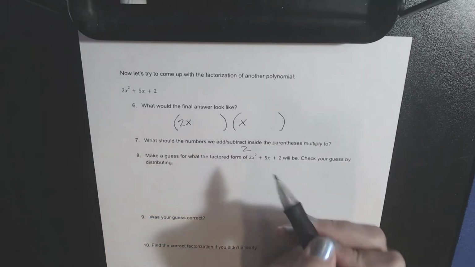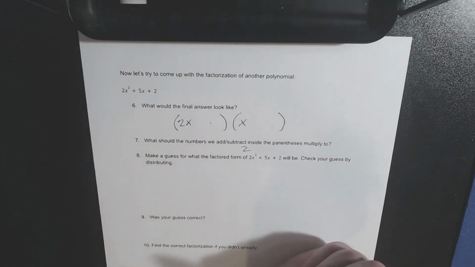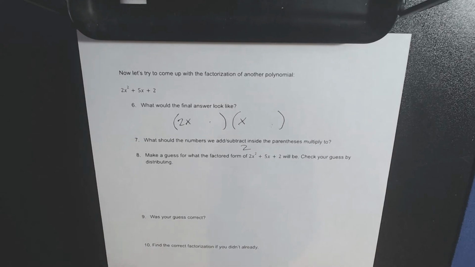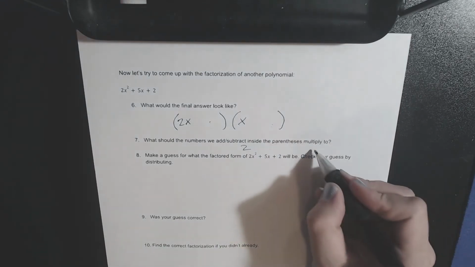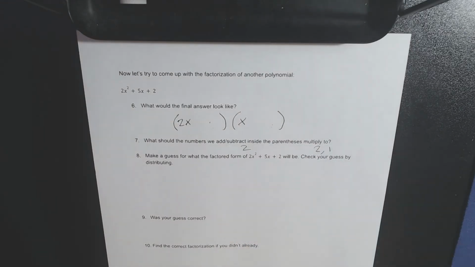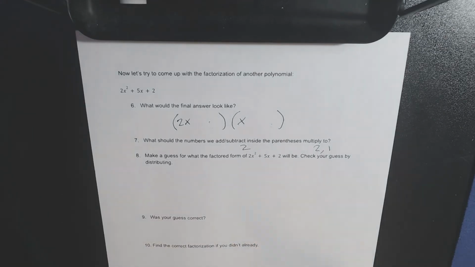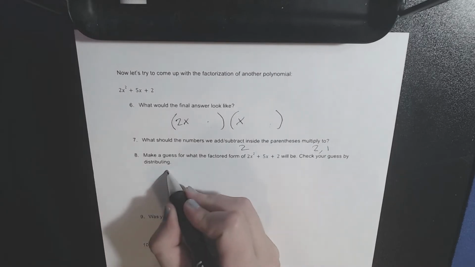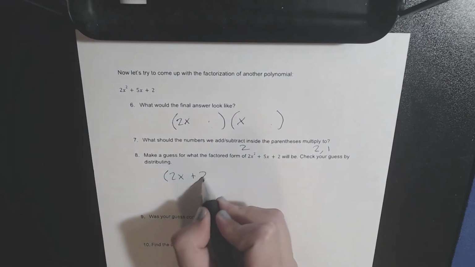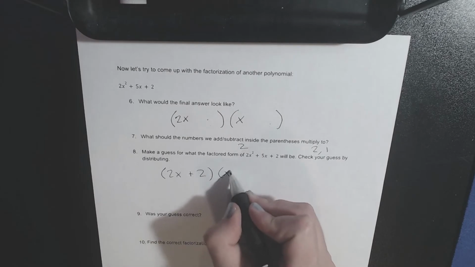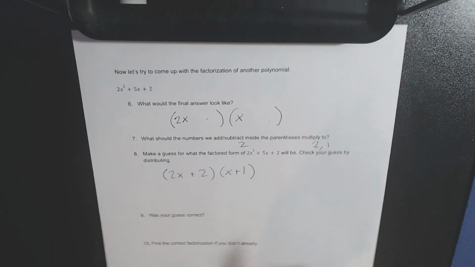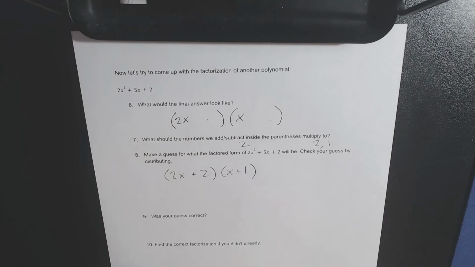We can think of what numbers multiply to 2. Well, 2 and 1 multiply to 2, so I'm going to try using those. Let's put 2x plus 2 and x plus 1. And I'll show you in a sec why this is maybe not the best first guess, but we'll try it first.